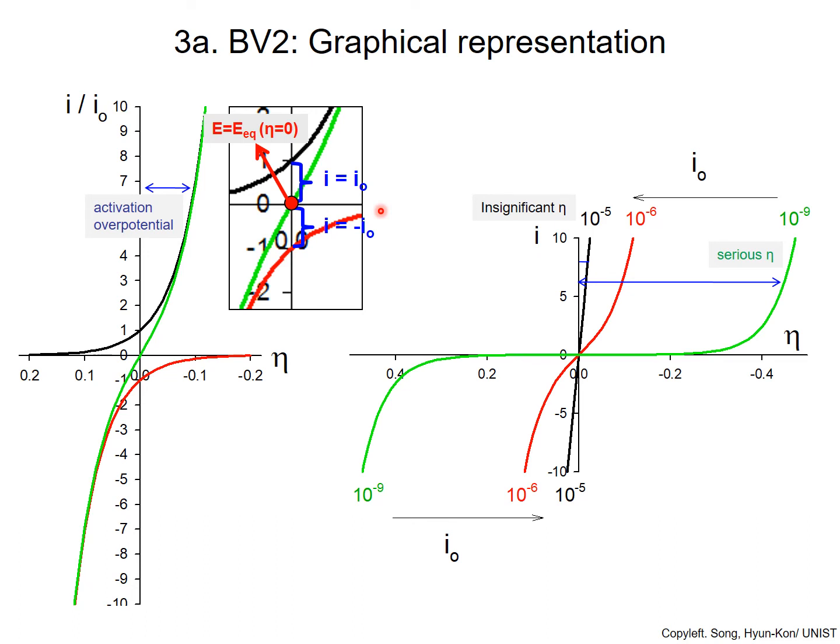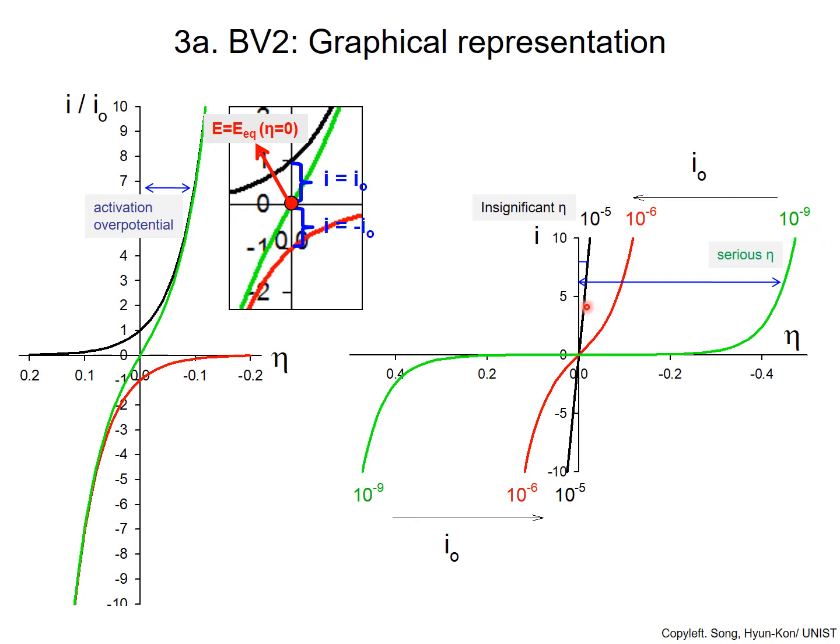Let me change the value of the exchange current. The same current versus overpotential curve, and the black curve is obtained at an exchange current equal to 10 to the minus 5 ampere, then 10 to the minus 6, then 10 to the minus 9.